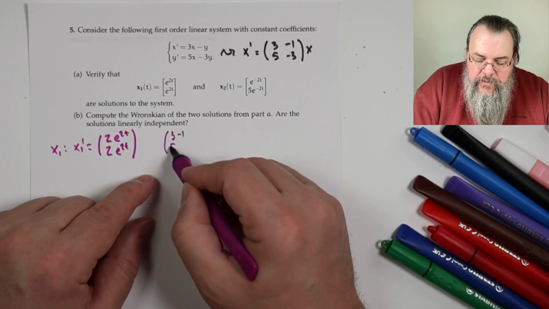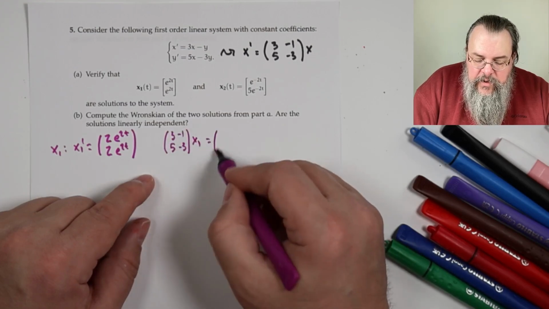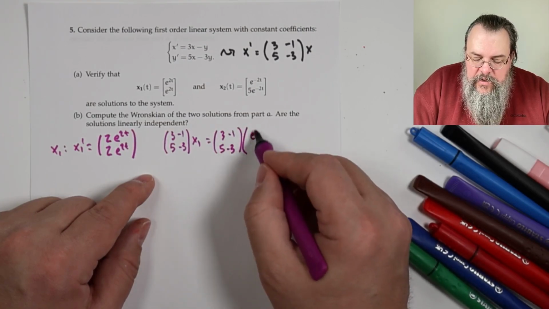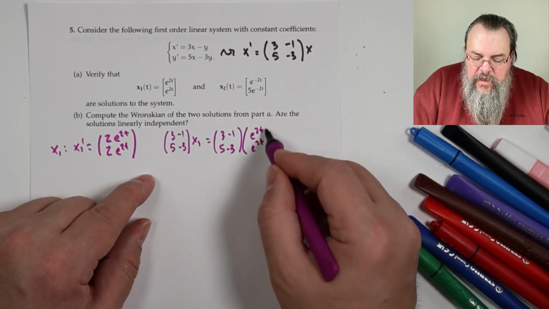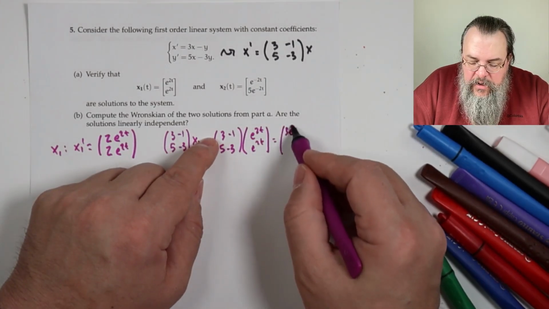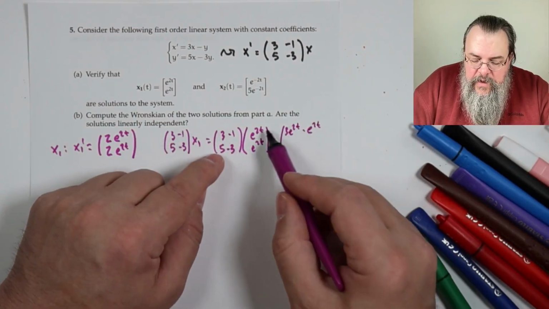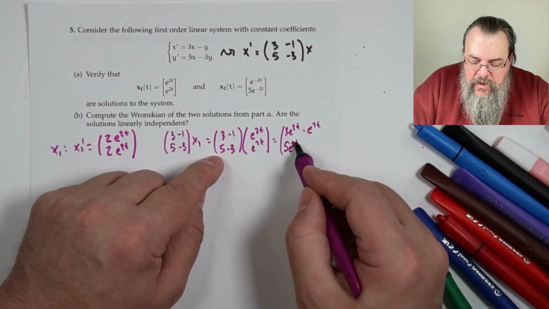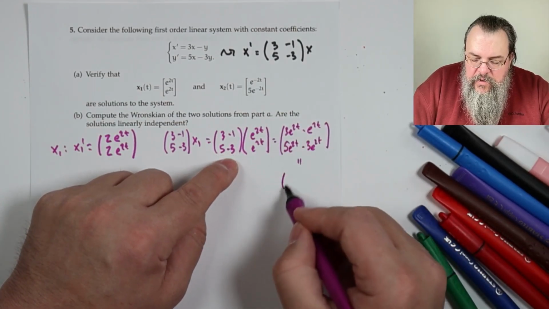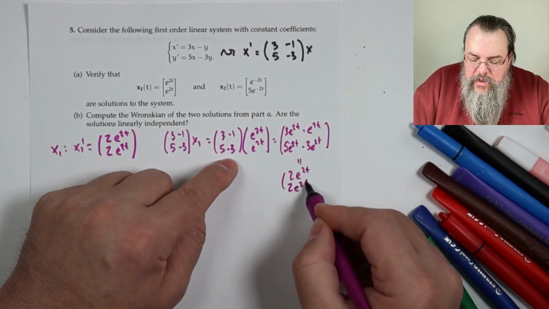Now, on the other hand, if I take the matrix [3, -1; 5, -3] times our x1, that's [3, -1; 5, -3] times [e to the 2t, e to the 2t], which becomes 3 e to the 2t minus e to the 2t, and then 5 e to the 2t, subtract 3 e to the 2t, which is 2 e to the 2t and 2 e to the 2t.